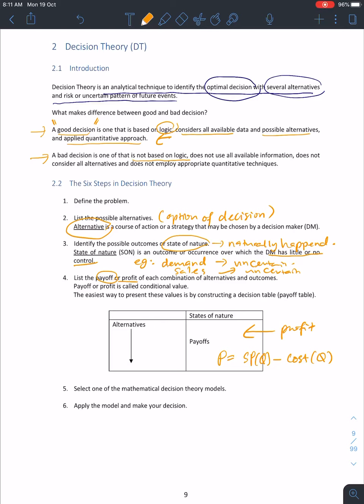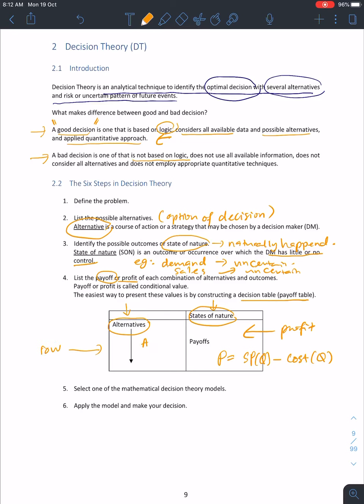Okay, so the easiest way to represent these values is by constructing a decision table or payoff table. So we have the first column represent our alternatives, and then the second column represent the state of nature, and then your decision will be at the row.